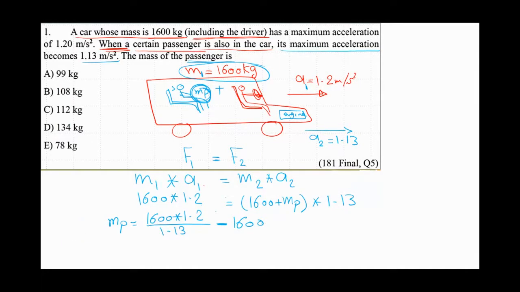So that will give you the mass mp. If you calculate this, it's 1699 minus 1600, the result will be 99 kilograms. So this is the result of this problem. The mass of the passenger here is 99 kilograms.